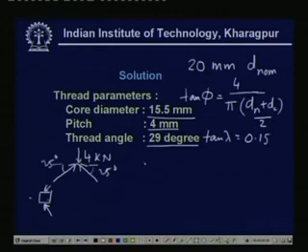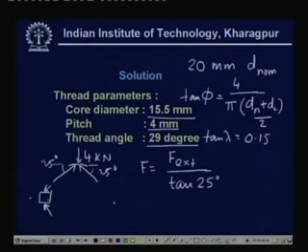So, the net force on each nut will be equal to external force divided by tangent of 25 degree. This is the force which the thread has to withstand.